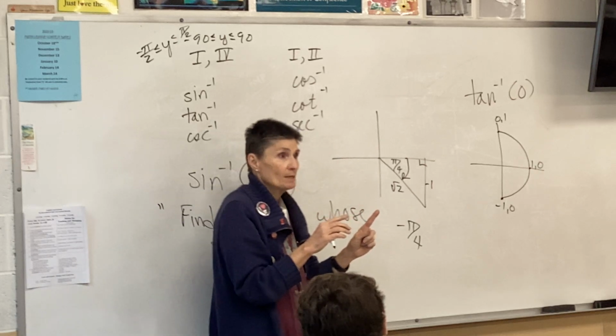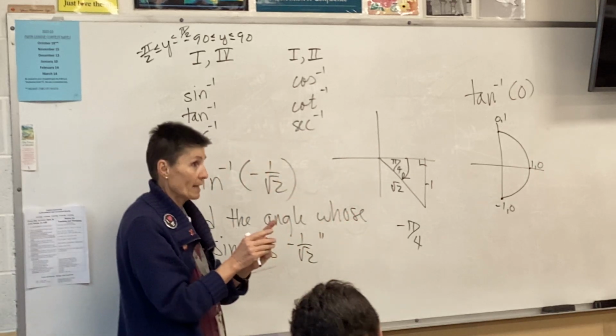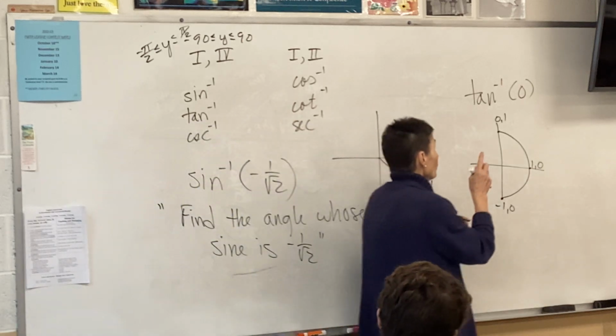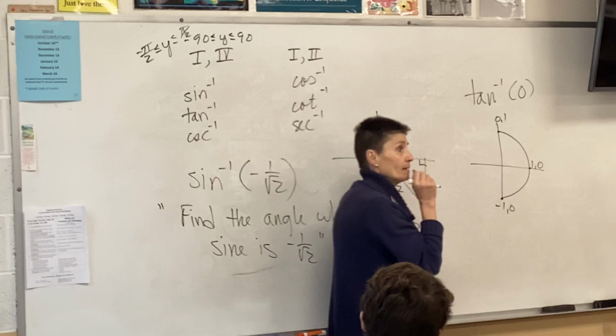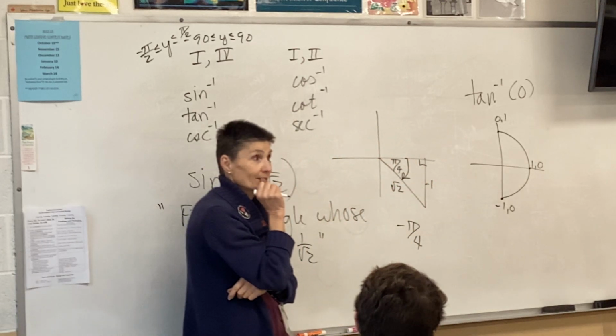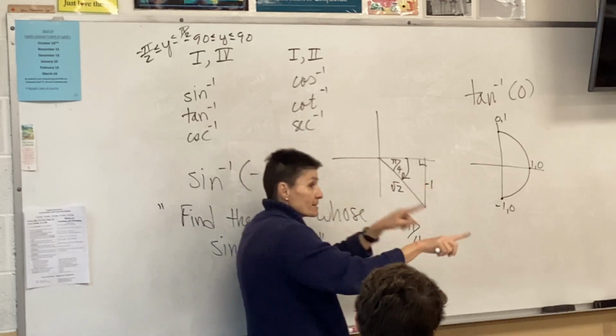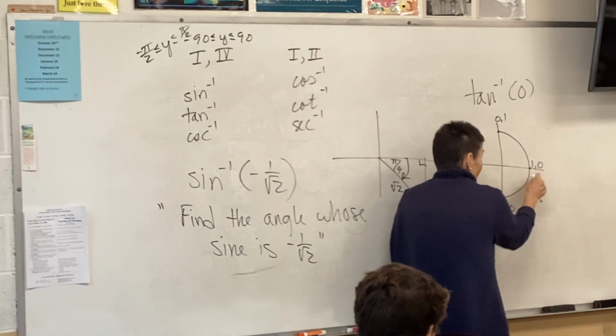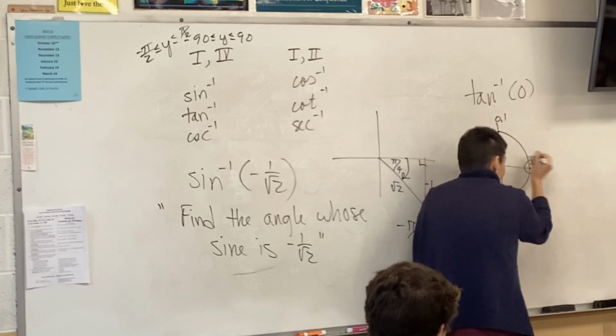That's why I'm looking at my quadrantal angles. Which of those quadrantal angles would have a tangent of 0? Which one are you pointing at, Sarah? 0, 1. This one right here.